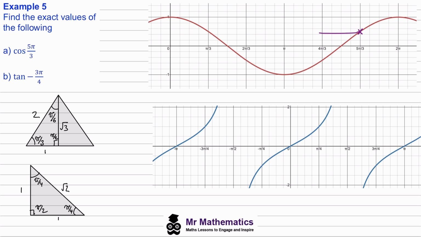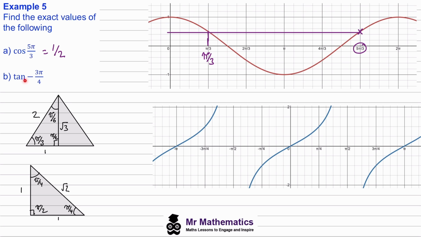So if we draw a horizontal line, you can see the cosine of 5 pi over 3 will be exactly the same as the cos of pi over 3. And the cos of pi over 3 we can calculate using this angle. This will be the adjacent over the hypotenuse. Again, this will just be 1/2.